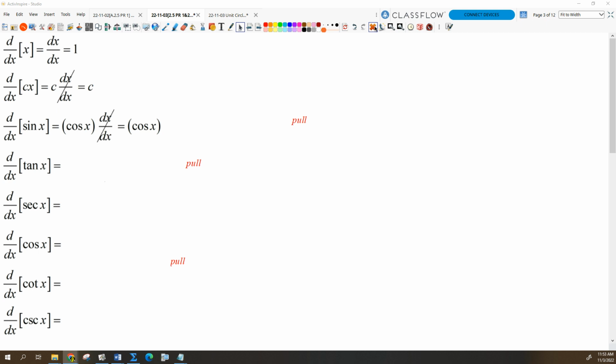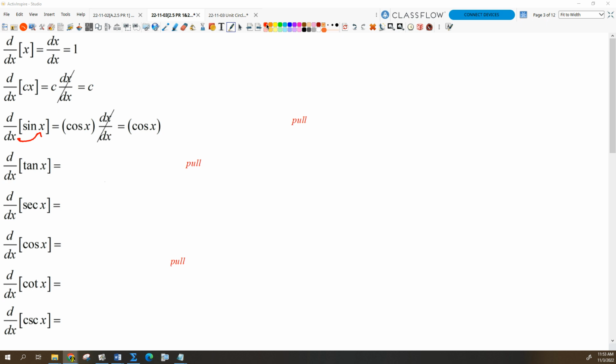Because I've got a sine function, what's inside the sine function? An x. The derivative of sine is cosine. The derivative of x is 1, right? So I don't need to apply the chain rule to the derivative of sine x with respect to x, because this variable and that variable match up, right?